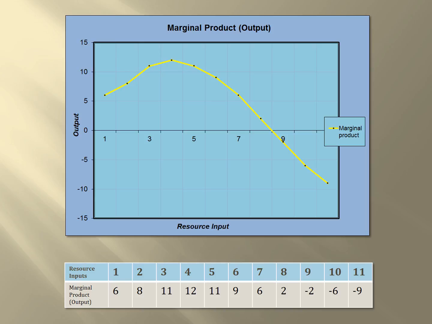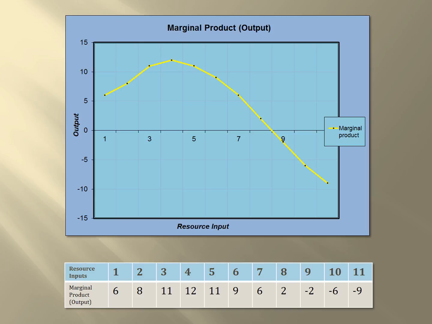So as we look at this, if we look at the fourth unit of our inputs, that fourth unit gets us 12 more units of an output. If we add one more unit, the fifth one, that ends up giving us only 11 more units of an output.